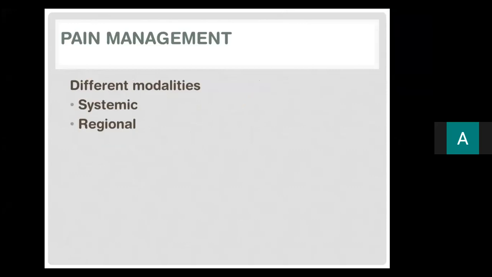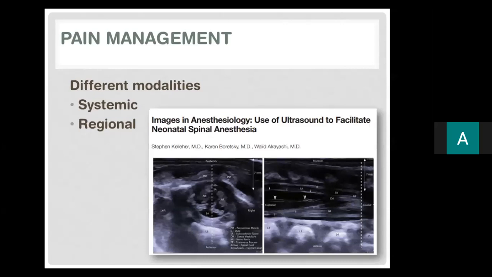And looking at the modalities to manage their pain, there are the systemic ones, where we have all the IVs, and then the regional ones. A multimodal approach is definitely preferred for managing their pain, especially if they're coming for a surgical procedure.